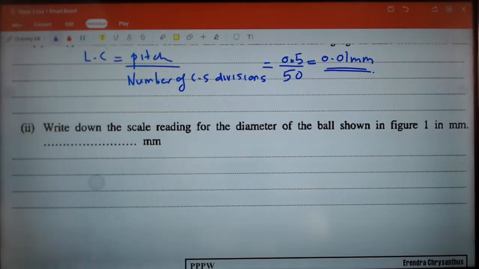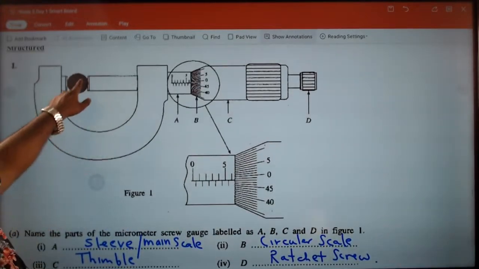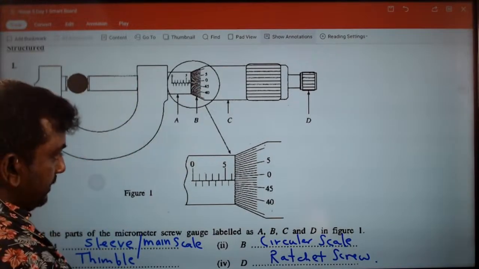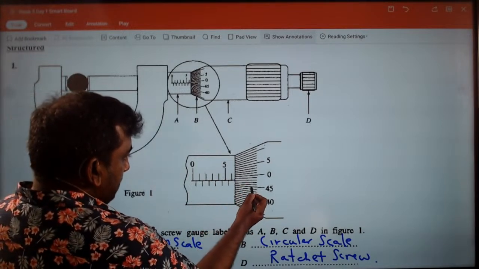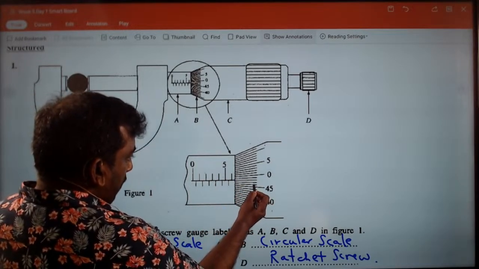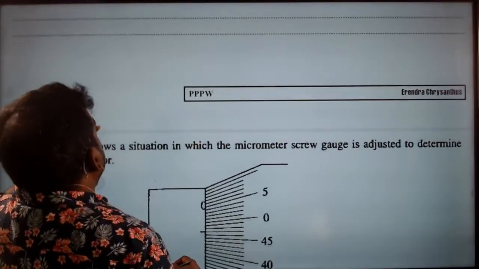Write down the scale reading of the diameter of the ball. Diameter here is given. Where is it? 5, 5.5, 6. 6 and 46, 47, 48. Simplify it.